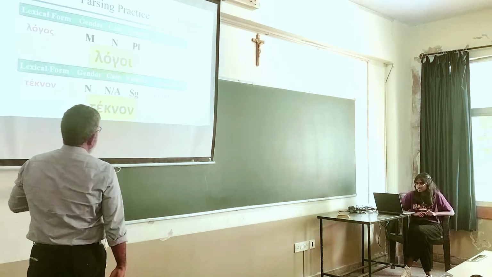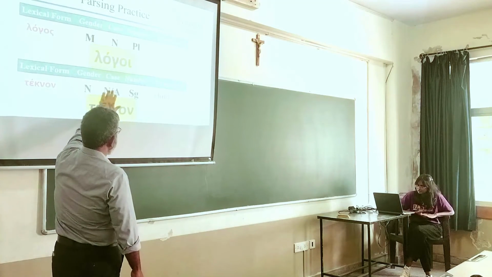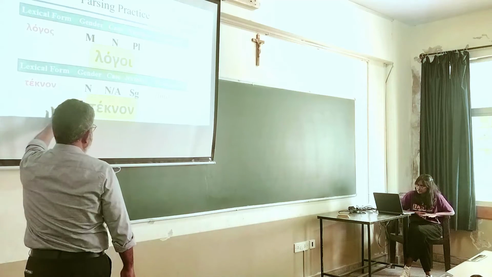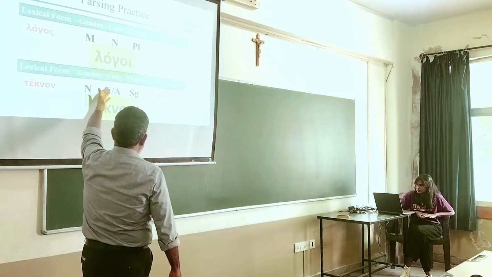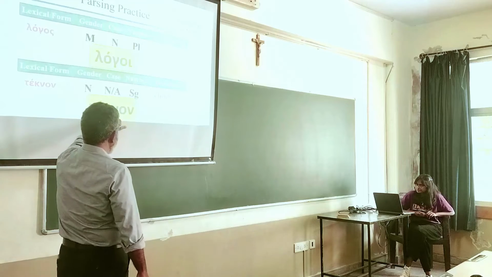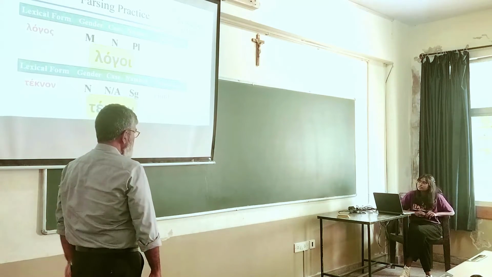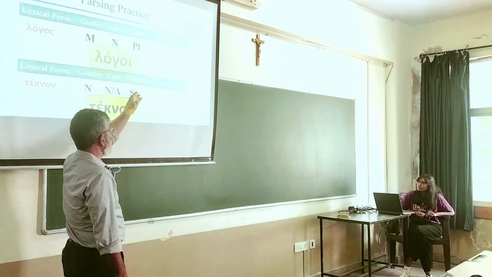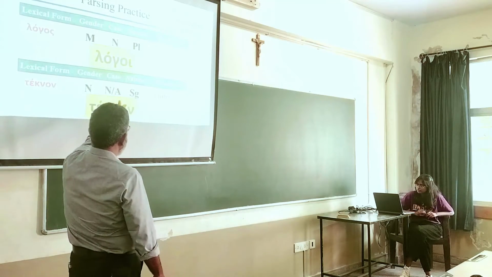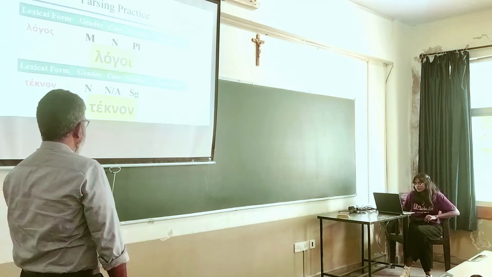Same thing with teknon. Teknon can be both nominative and accusative, if we know that. Teknon is the lexical form. If it is tekna, then it is plural, and again, it could be both accusative or nominative.